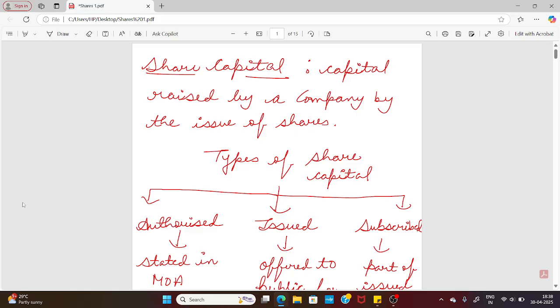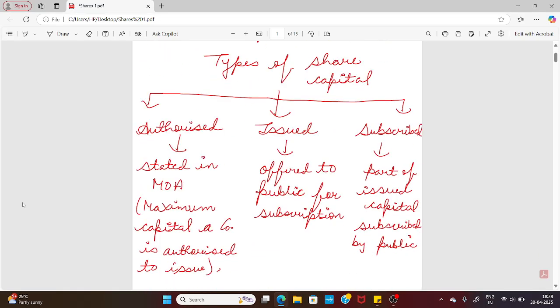Normally when we talk about companies issuing share capital, we need to understand what the types of share capital are that a company has. First, we have authorized, second we have issued, and third we have subscribed share capital. Now, what do we mean by authorized share capital?